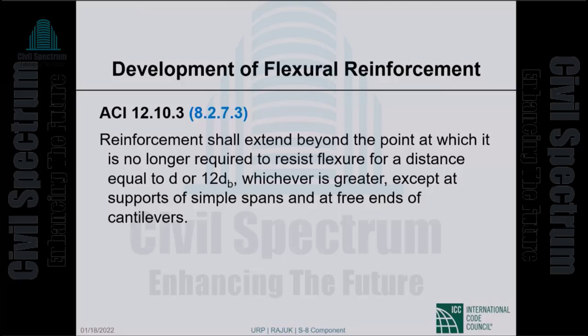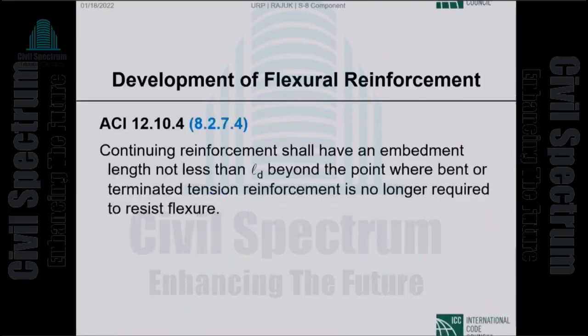It shall extend for a distance equal to d, the effective depth of the member, or 12 times the bar diameter, whichever is greater, except at supports of simple spans and at free ends of cantilevers. At those locations, there is no extension. But everywhere else, when you cut off a bar, it has to extend beyond where it is no longer required by a distance of d or 12 diameters, whichever is the larger of the two.